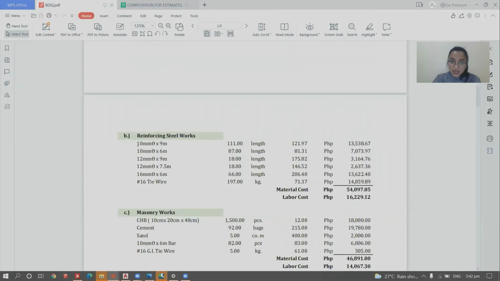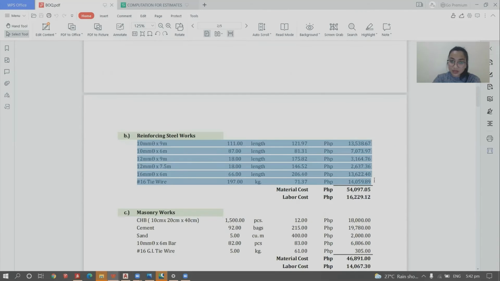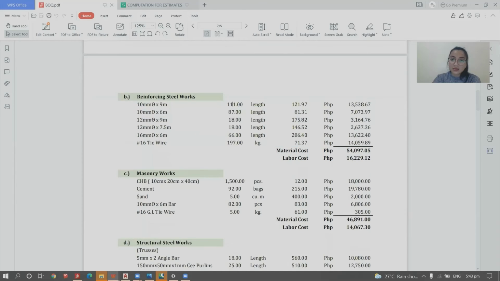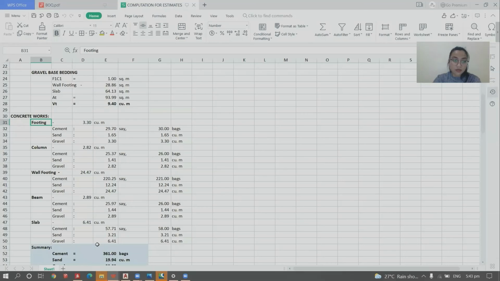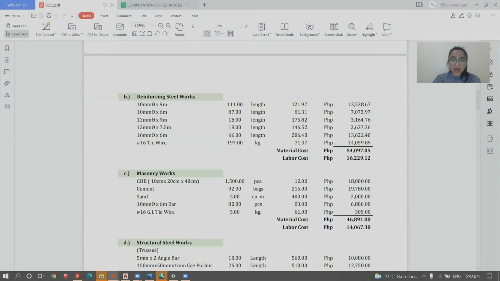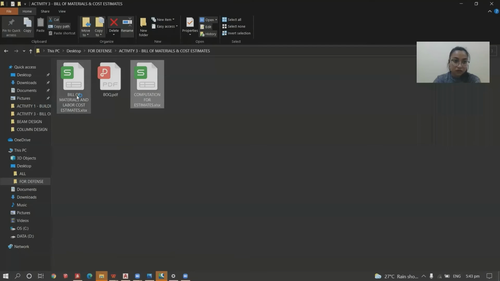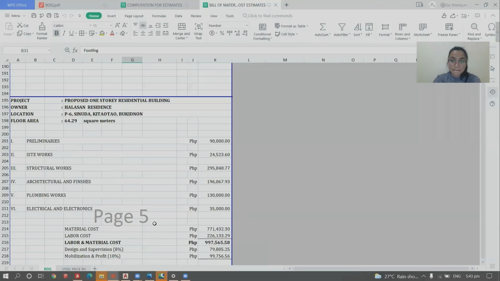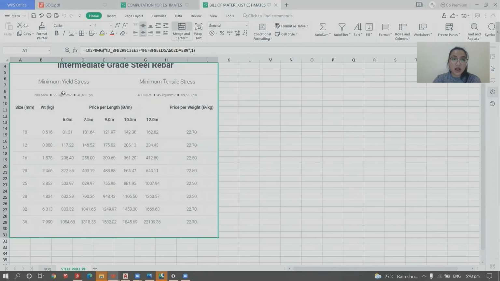Reinforcing steel works, all the steel bars needed here. The values earlier correspond to grade 40, with the price for grade 40 steel, minimum yield stress and tensile stress.